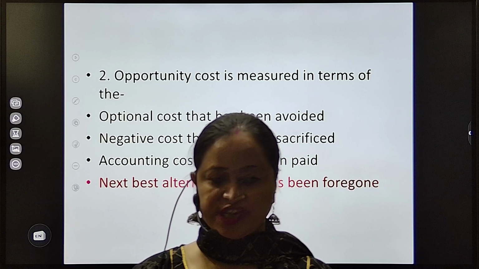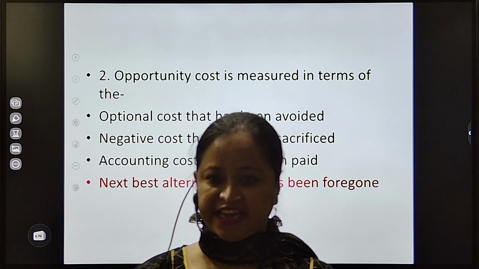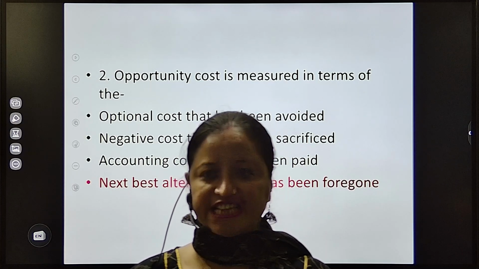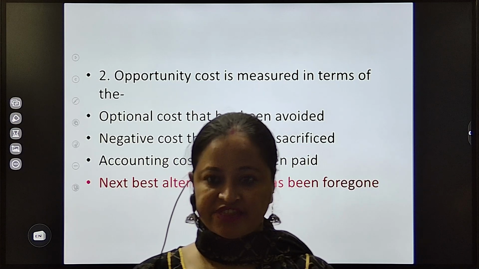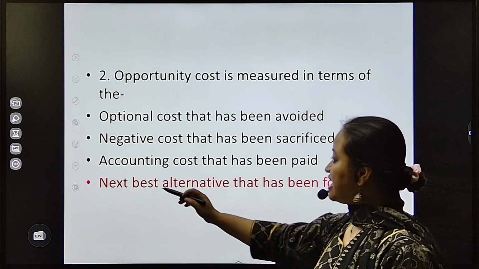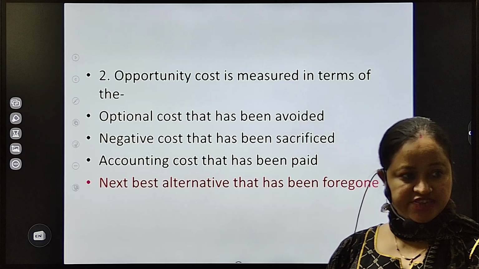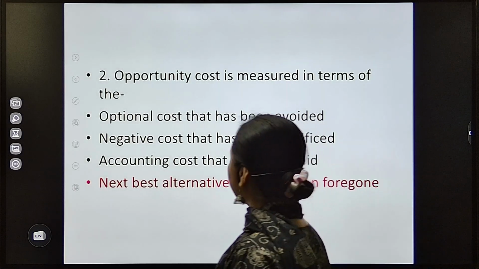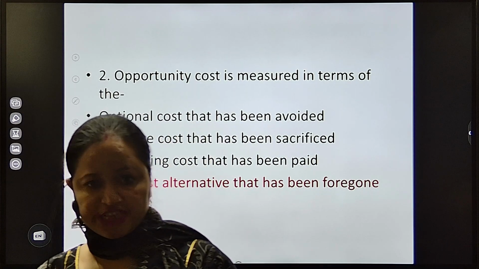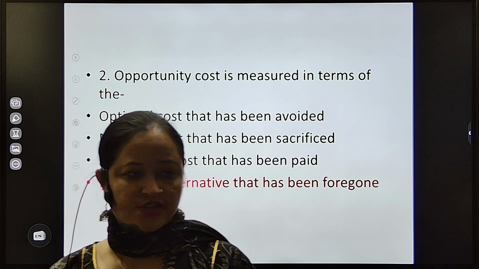If you choose the job in Delhi, then the opportunity cost will be the job you have sacrificed, that is the job in Calcutta offering 60,000. So opportunity cost is the next best alternative that you have sacrificed or foregone. Always remember this.